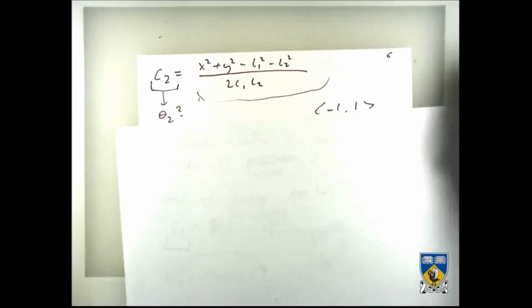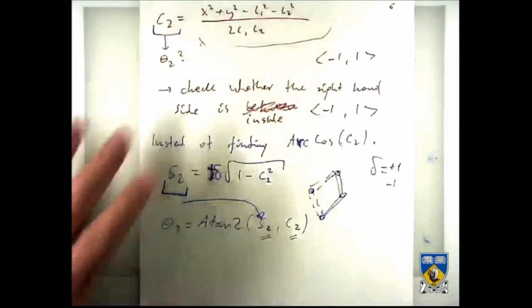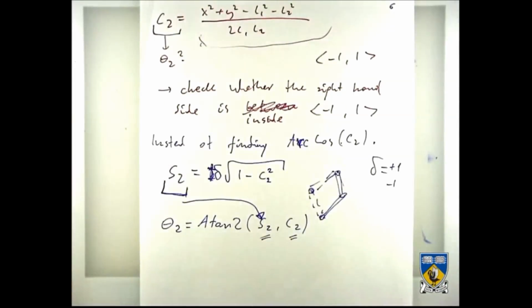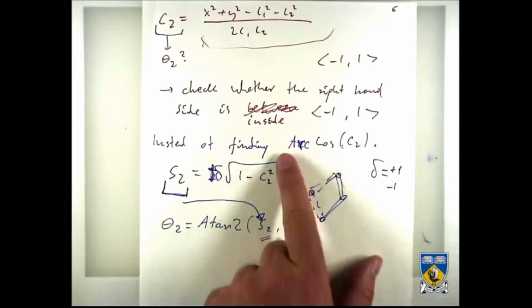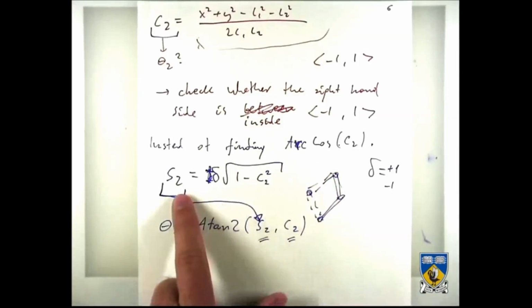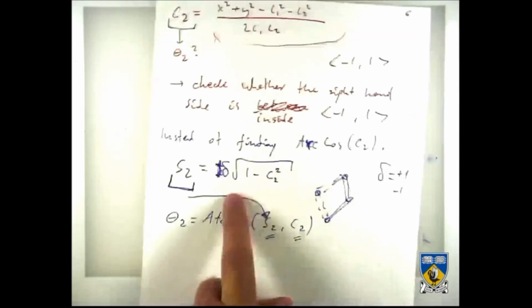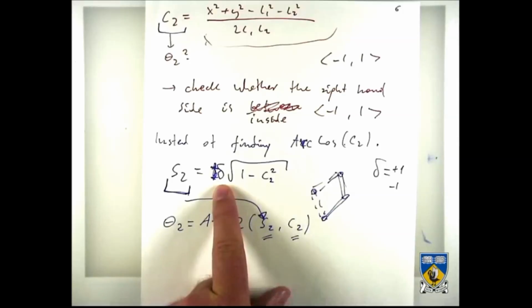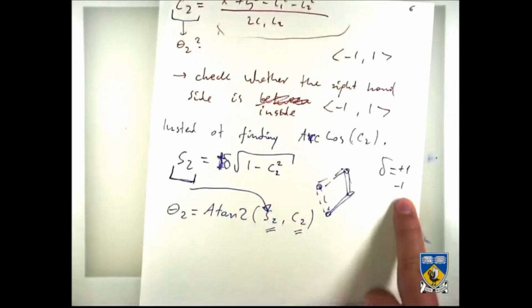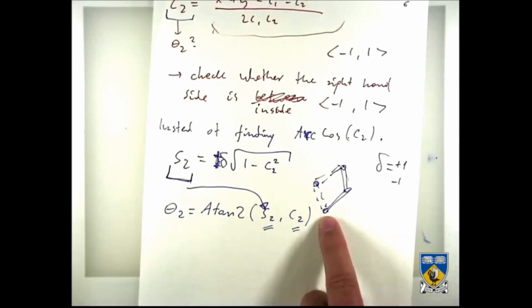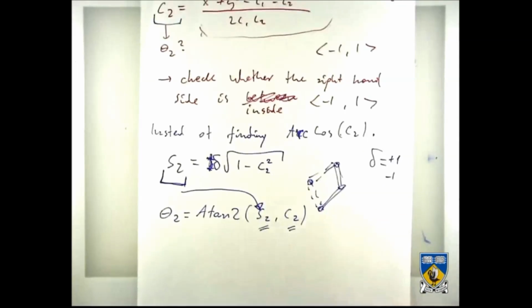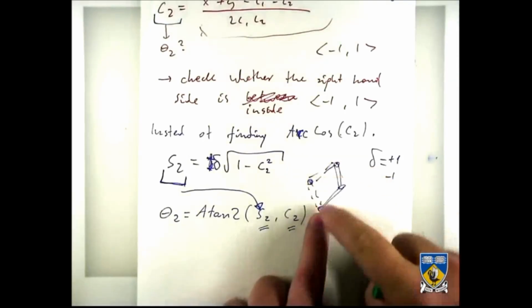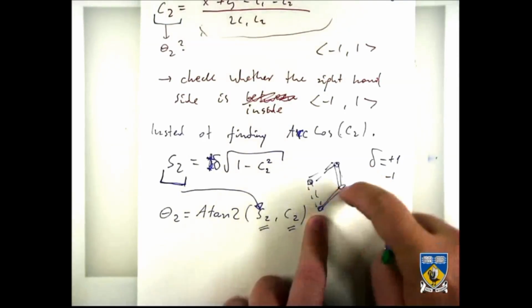So the robust way of dealing with extracting the angle, rather than doing arccos, is to first compute the sine, which is the square root of 1 minus cosine squared. And here we decide with sigma, which can be +1 or -1, whether we want the elbow up or elbow down configuration. Okay? The same position of the end effector can be reached with the elbow up or elbow down configuration.